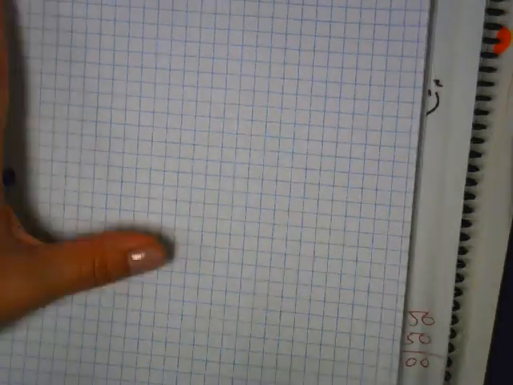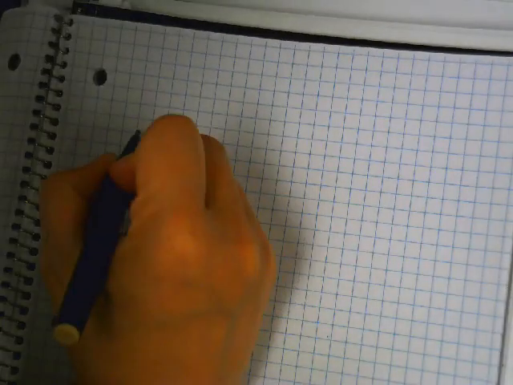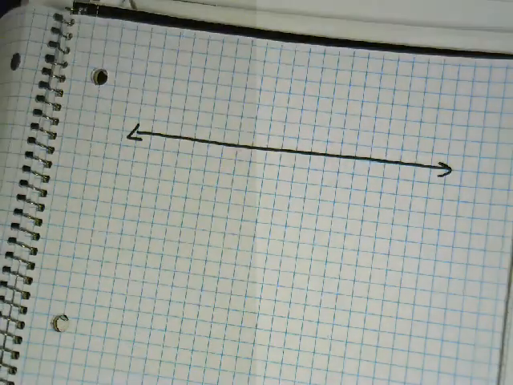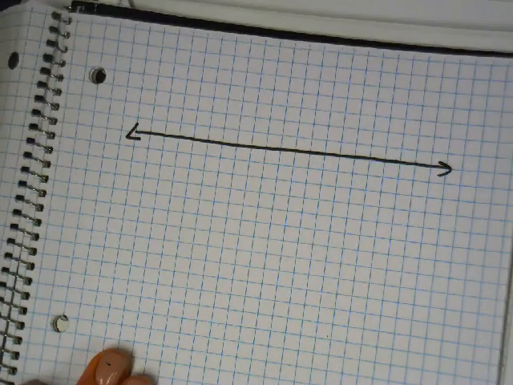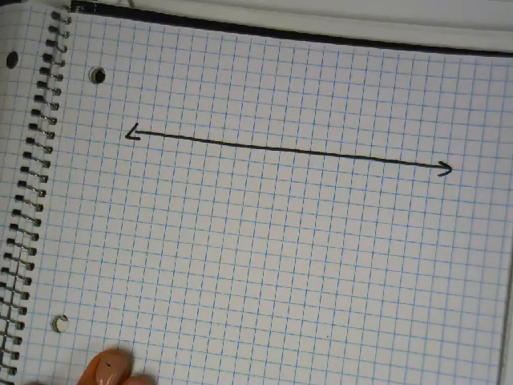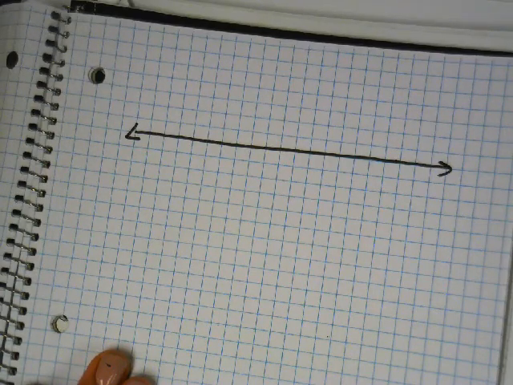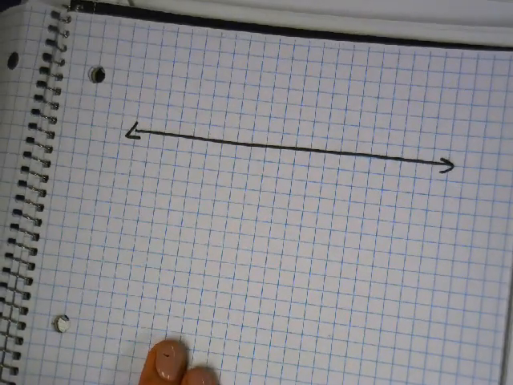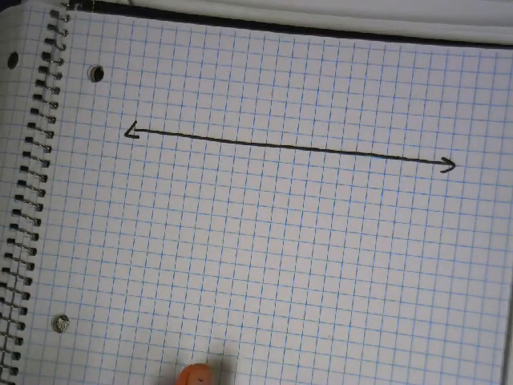Here's how you graph it. You're going to draw a horizontal number line. Can we get the numbers?